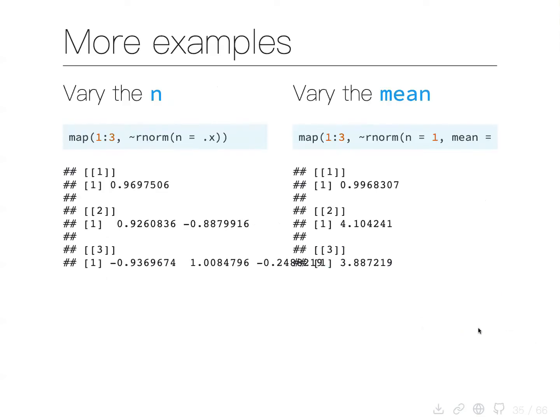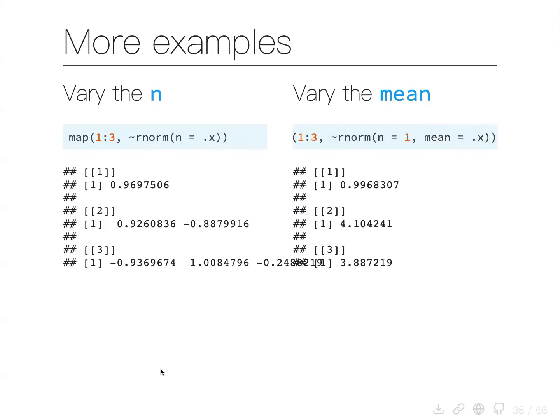So we can do this by putting the .x wherever we want. Here, 1 to 3 into rnorm, and then we use the tilde, call rnorm, and then say the n is equal to .x. Or in this case, the n is equal to 1, and the mean is equal to .x. And so then we get one pull from a random normal distribution that has a mean of 1, a mean of 2, and a mean of 3.